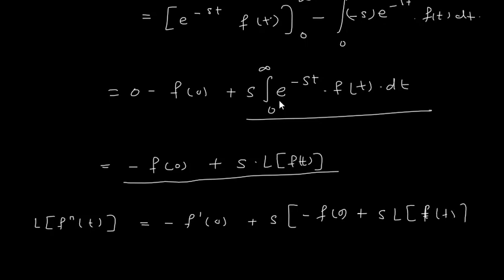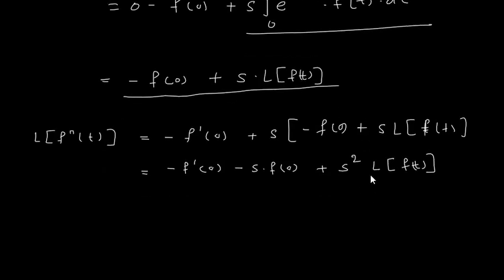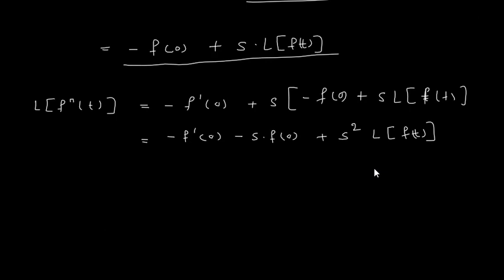When I open this bracket, I will get minus f dash 0, then minus s into f of 0, then plus s square into Laplace of f of t. So s square into Laplace of f of t minus s into f of 0 minus f dash 0 is my required derivative. Let us see a few problems.